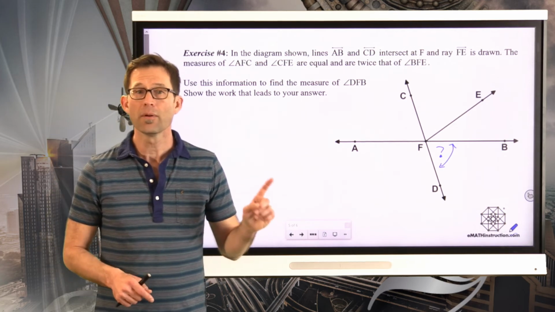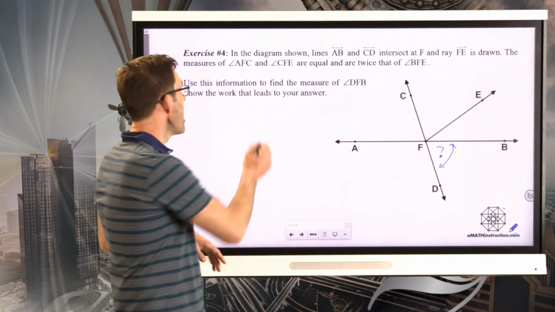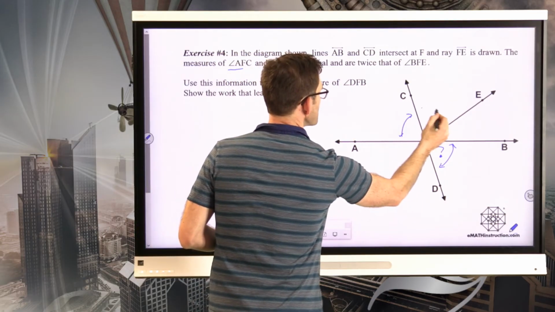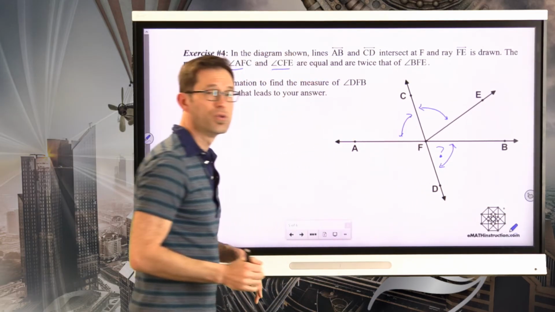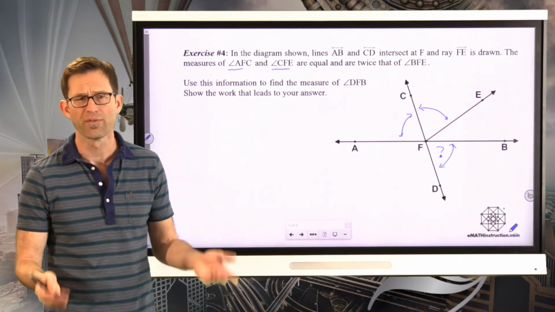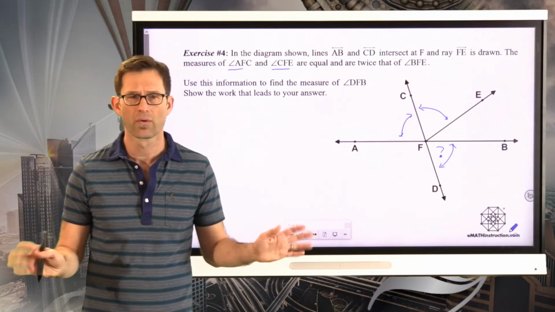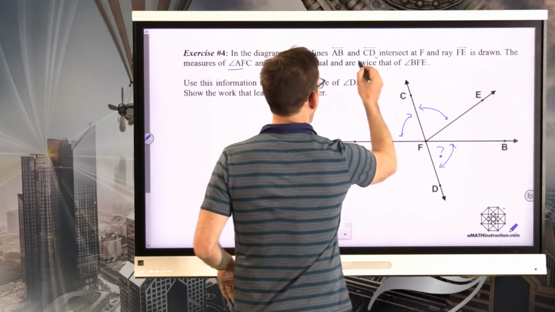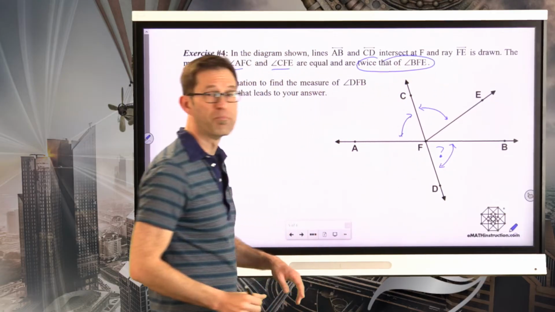All right, now keep in mind what we're told. Angle AFC and CFE, here's AFC, here's CFE, those two have the same measure. So they're either both 30, both 60, both 55, both 90, whatever they are. They've got an equal measure, and they're both twice the measure of angle BFE.